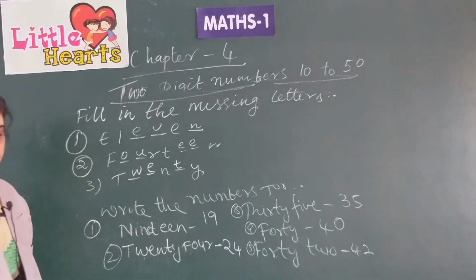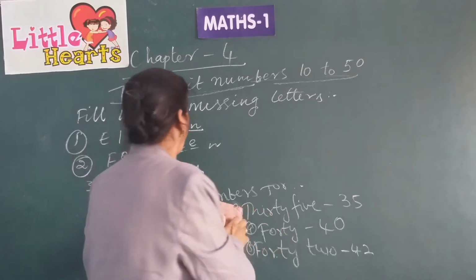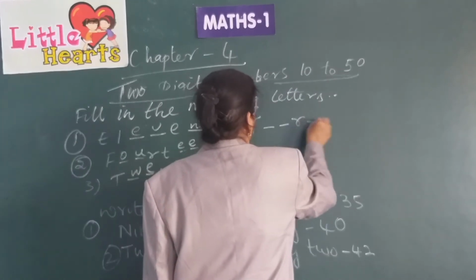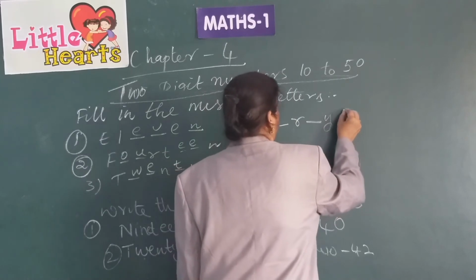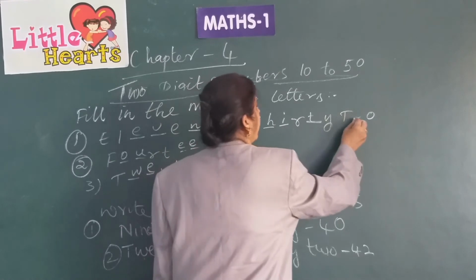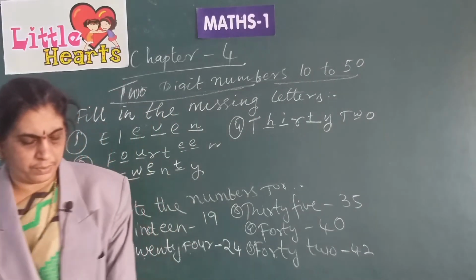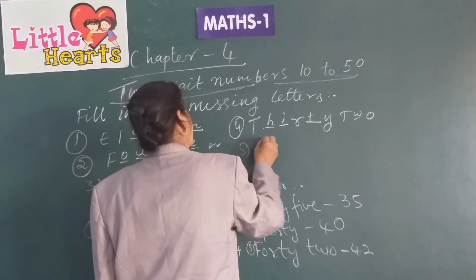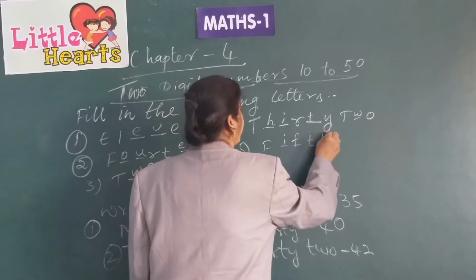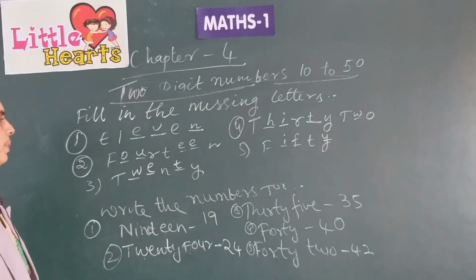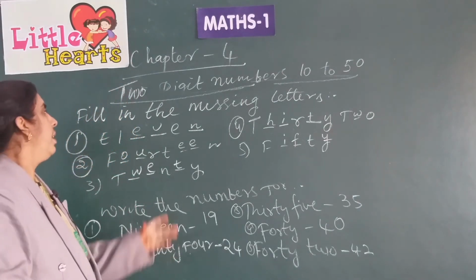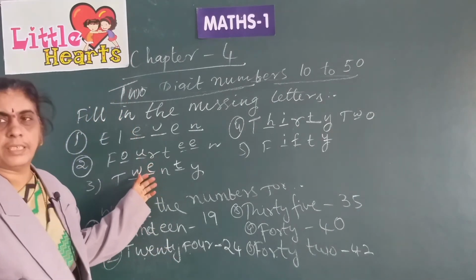TWENTY 20. THIRTY TWO 32. FIFTY 50. So you should be able to learn the spellings from 11 to 50, and then only you can fill in the missing letters easily.